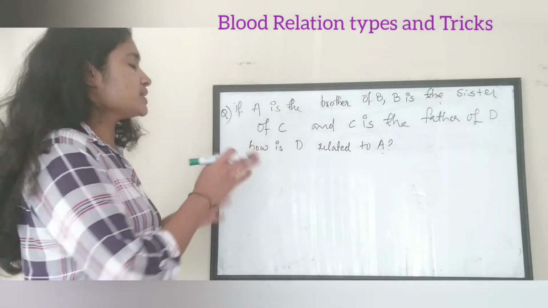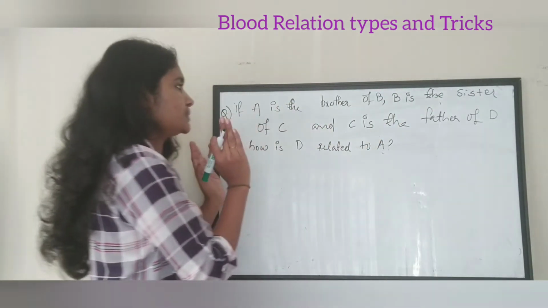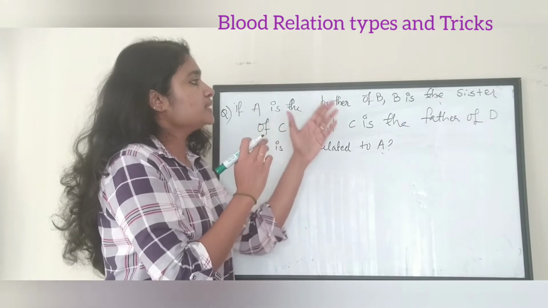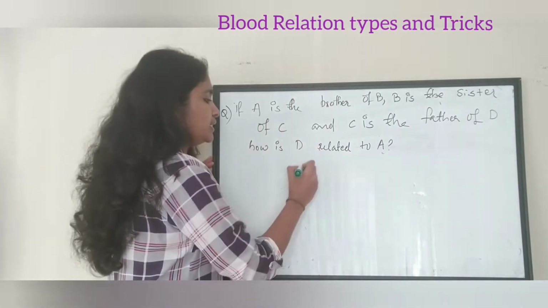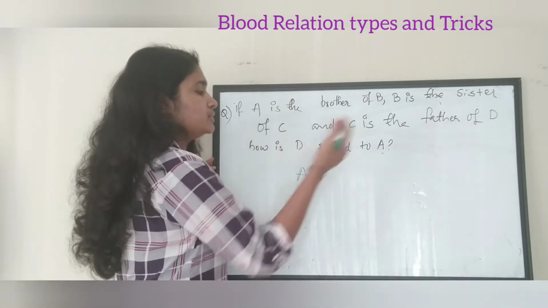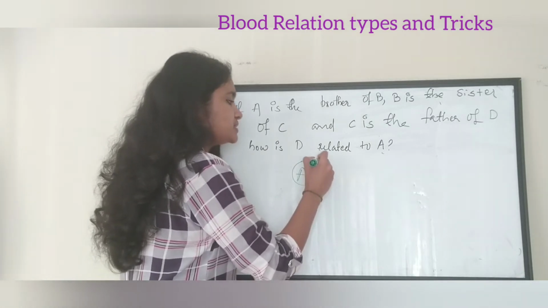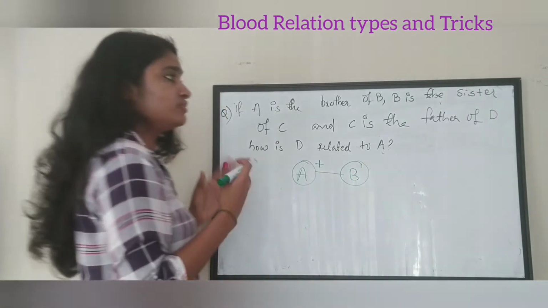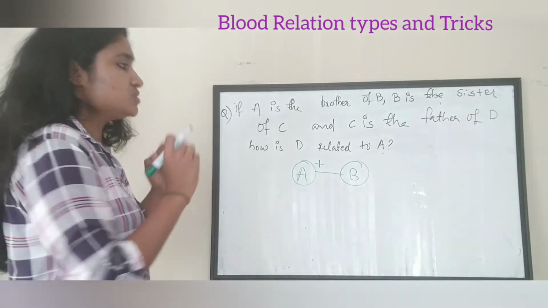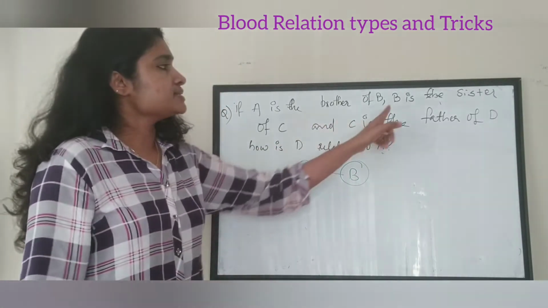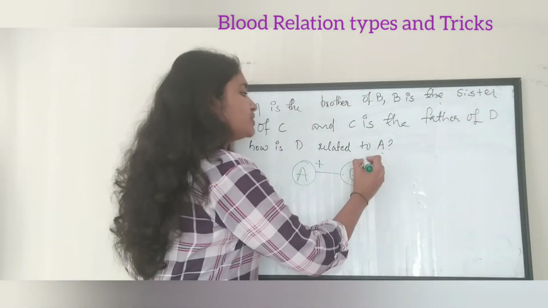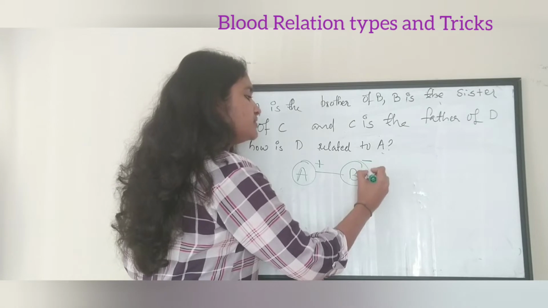So what I will do is, I'll start from the beginning of the question. So the first statement is, if A is the brother of B, so A is the brother means A is a male person. Now I don't know whether B is either female or male, so I'll keep it as it is. Next, B is the sister of C. So from this statement it is clear B is a female person.